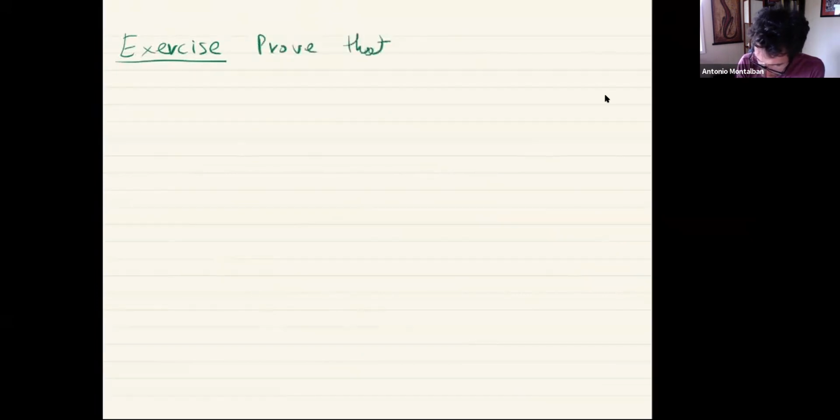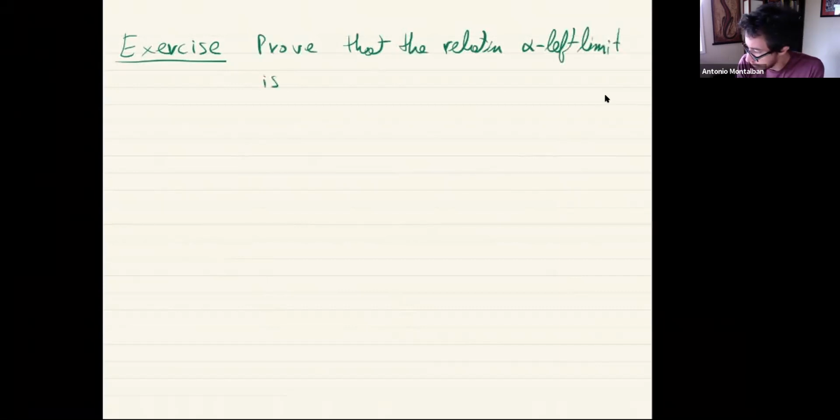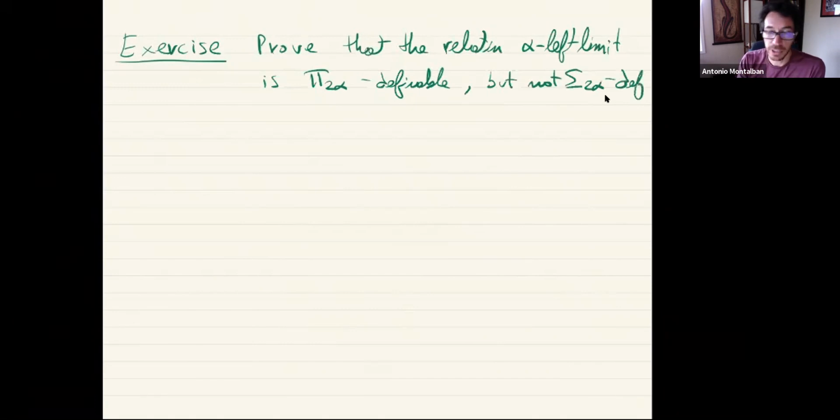Prove that the relation alpha left limit is pi 2 alpha definable, but not sigma 2 alpha definable. And in particular, it doesn't have a simpler definition.